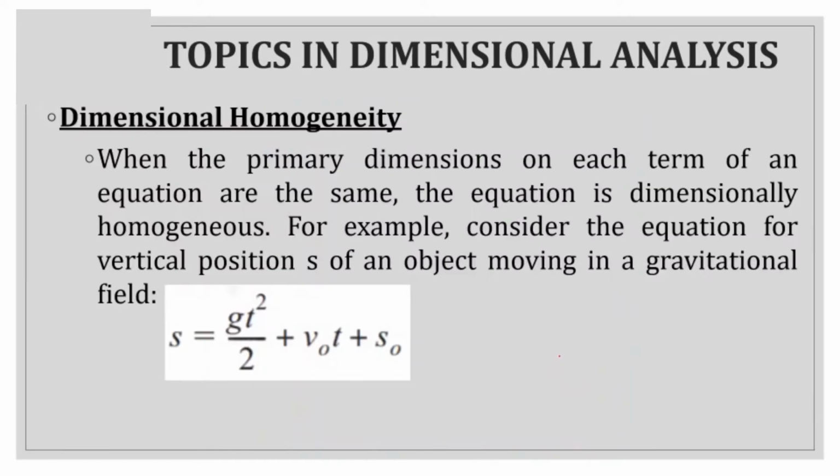Now let us proceed to dimensional homogeneity. When the primary dimensions on each term of an equation are the same, the equation is dimensionally homogeneous. For example, consider the equation for the vertical position S of an object moving in a gravitational field.